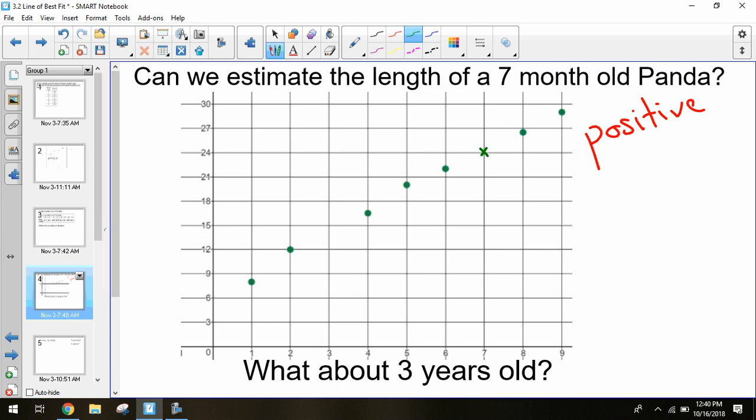Would you be able to estimate that? Probably like 13. So these are months though. 3 years old is going to be way over here by the trash can.